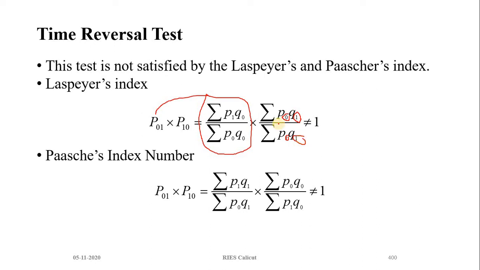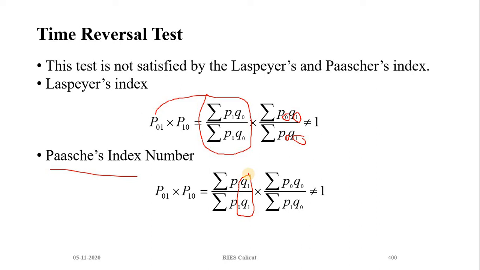Now look at the Paasche index number. What is the equation of the Paasche index number? Sigma P1 Q1 divided by sigma P0 Q1.